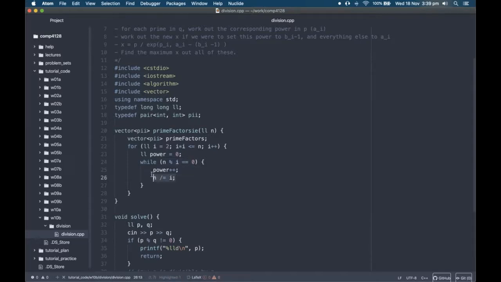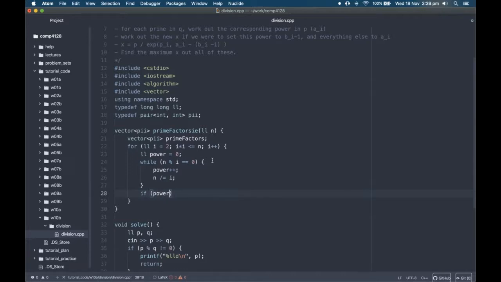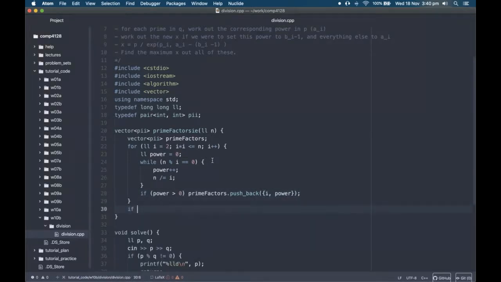So we're going to remove one factor of i at a time, and increase the power by 1 every single time as well. After this while loop, if power is larger than 0, then we found some sort of prime here, so we should push it back onto our vector here, like that. i is the prime and power is the power.